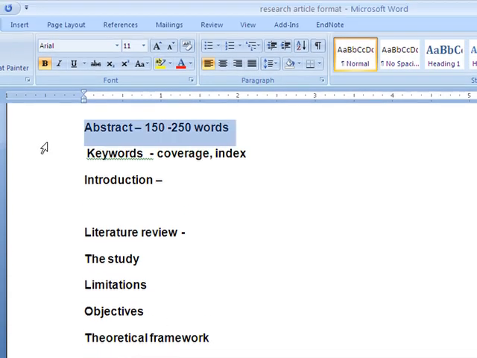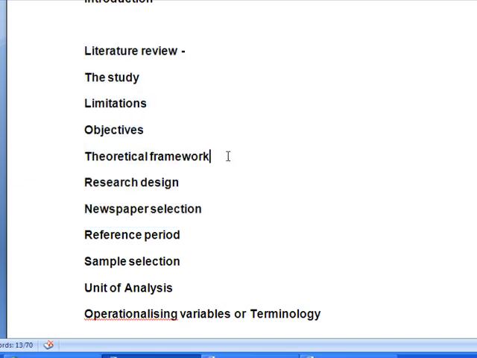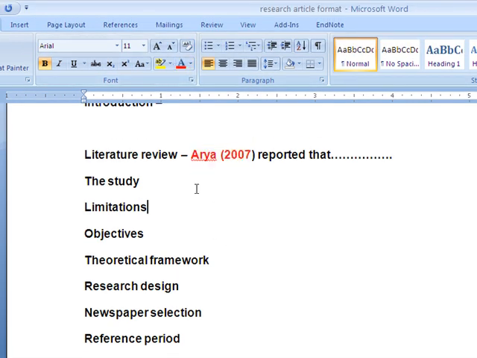This way this whole family would be together, and whenever you write something and you have to improve that sentence afterwards, for example, in the literature review, if this is the sentence, then I have to give the reference of Arya 2007 in the last, so I will make it red, so that it will keep on blinking and tell me that I have to write the reference.